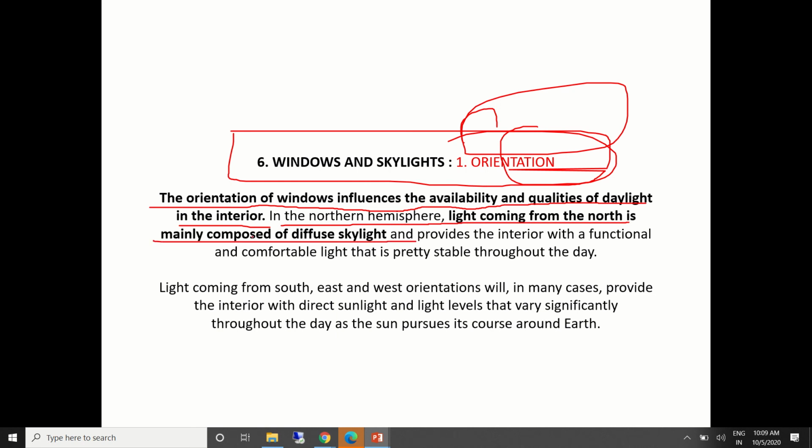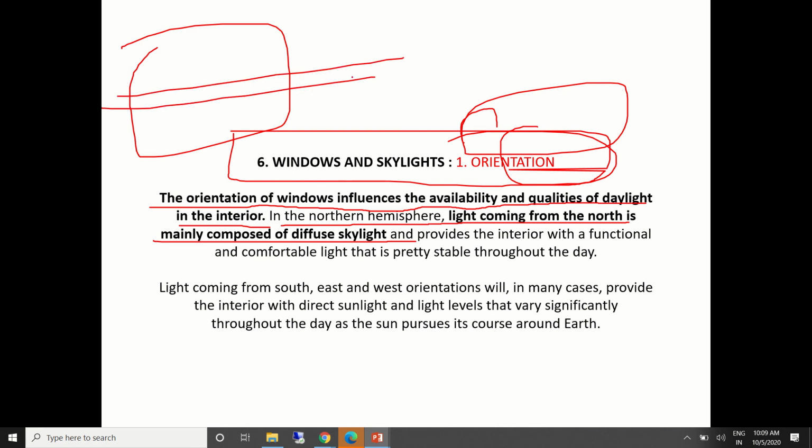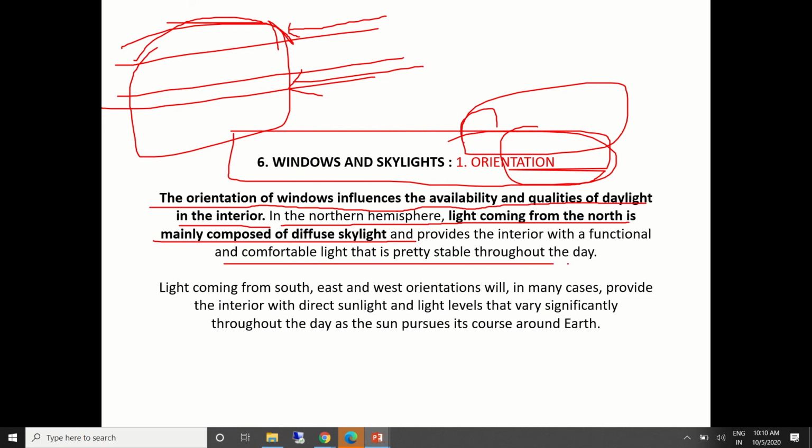I told you, as we go up, there is very little of the earth's surface that receives direct sunlight. It is all at an angle, very diffused sunlight, which provides the interior with functional and comfortable light.